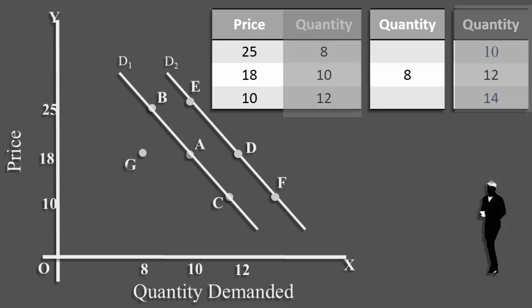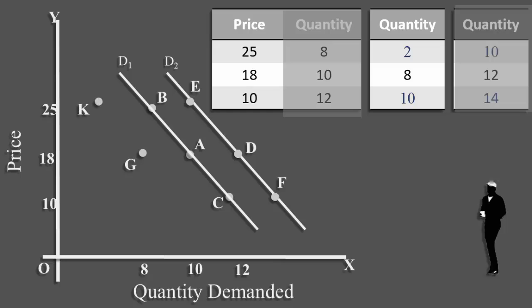To show this activity, we have to construct a new demand schedule. We shall locate this point in the graph as G. This price and quantity combination can be found neither on the demand curve D1 nor on the demand curve D2.